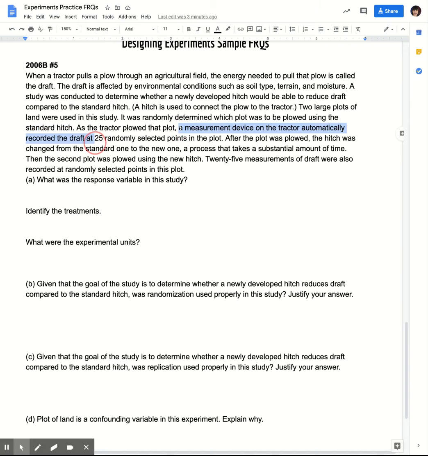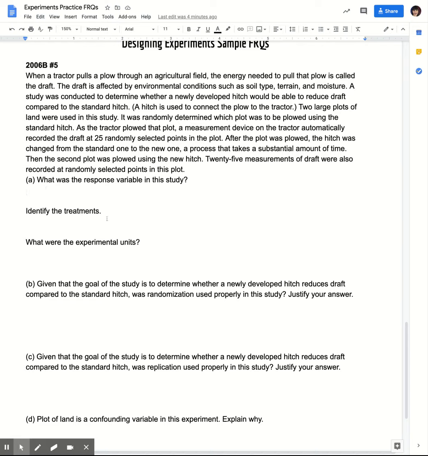They said a measurement device recorded draft at 25 randomly selected points in the plot. Okay. And then it says after the plot was plowed, the hitch was changed from the standard to the new one. Then they plowed the second plot with the new hitch. Okay. And again, they took the 25 measurements of draft.